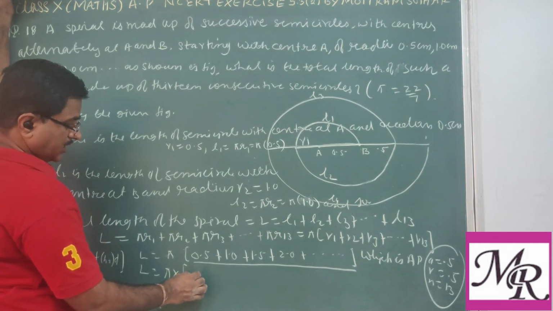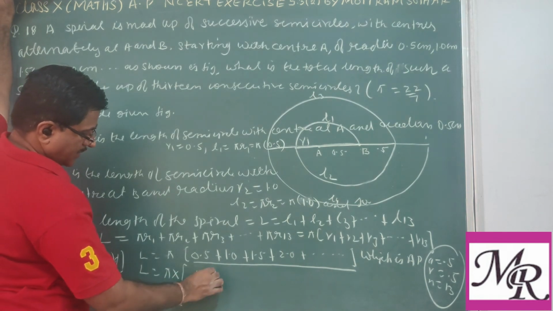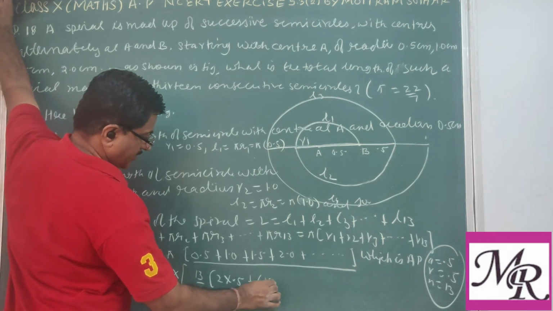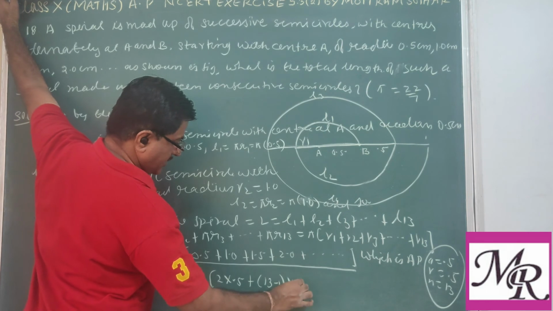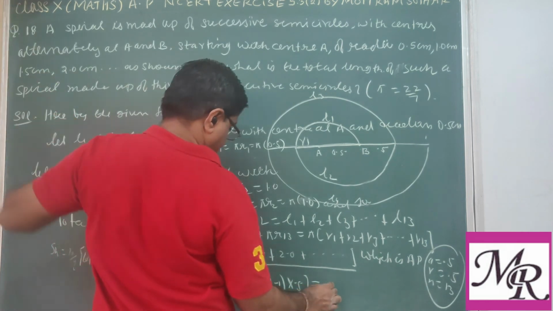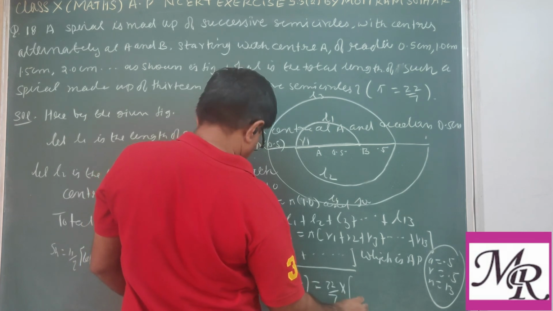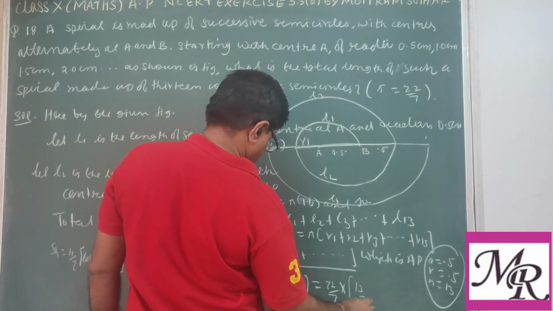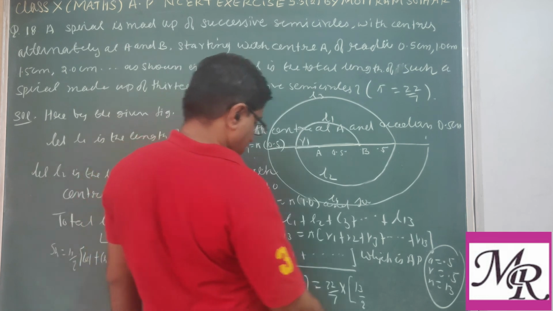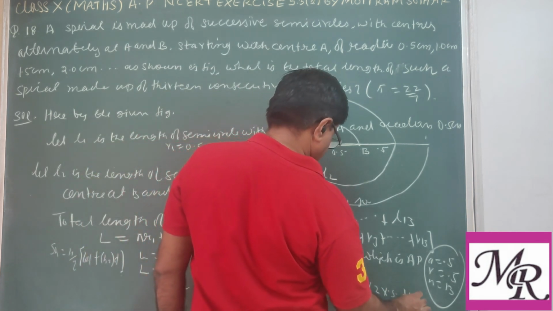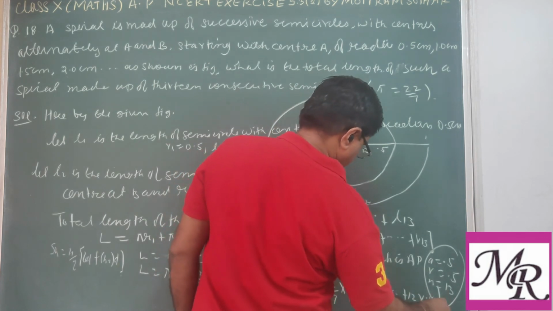So n means here 13 terms, 2 into a means 0.5, plus n minus 1, and d is 0.5. You may take pi as 22 by 7. Then n is 13 by 2, in brackets 2 into 0.5 plus 12 into 0.5.